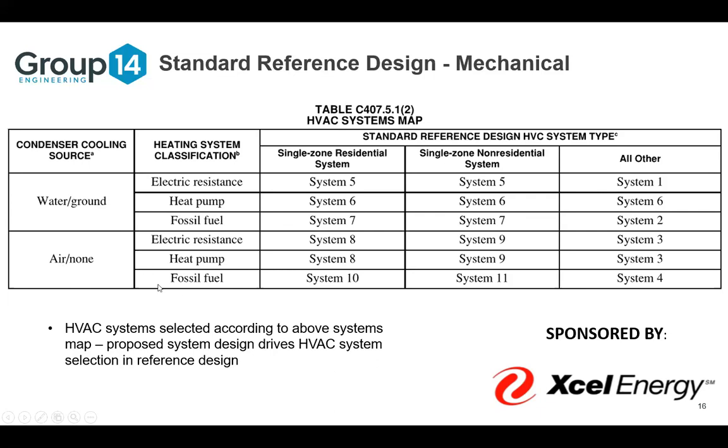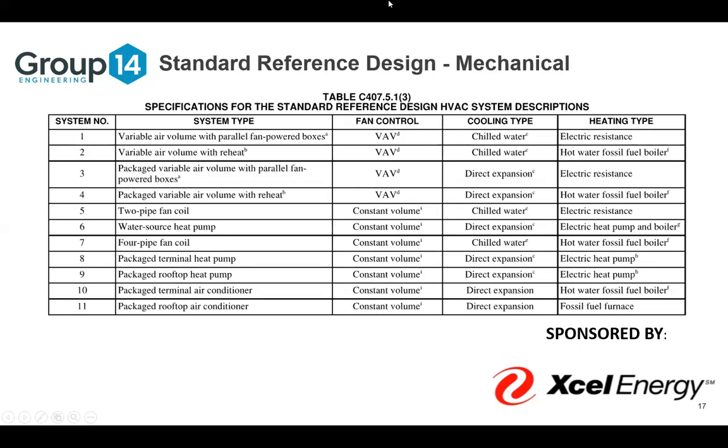And then we have fossil fuel hot water heat. We are not a single zone residential system, and not a single zone non-residential system. We're a VAV system, so we're system 4. System 4 is a packaged variable air volume with reheat: a VAV fan, DX cooling, and a hot water fossil fuel boiler.